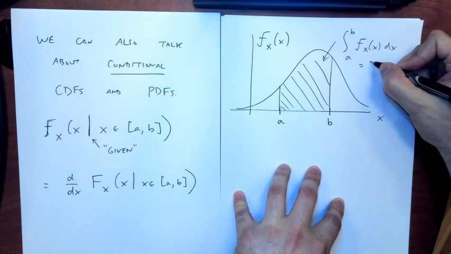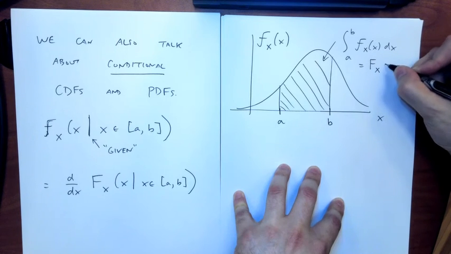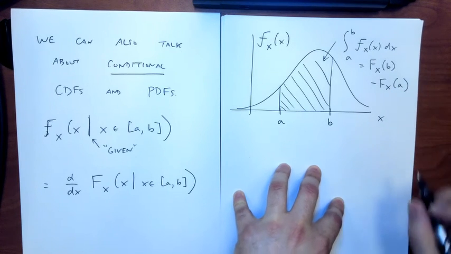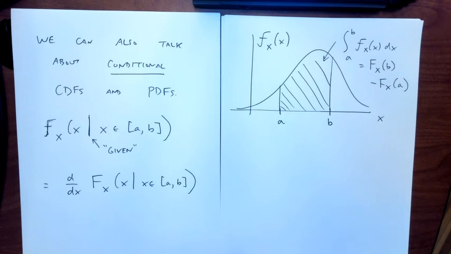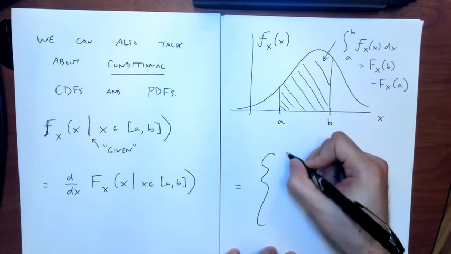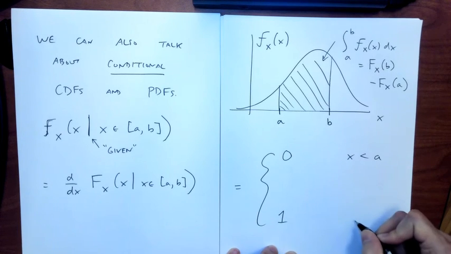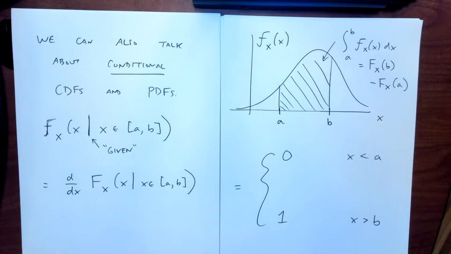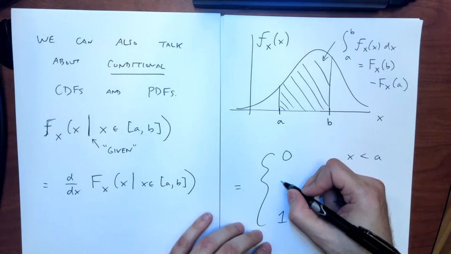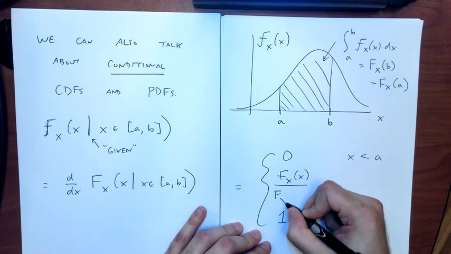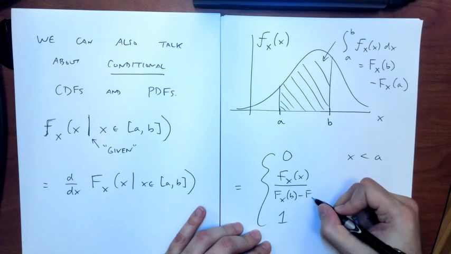Or a different way of thinking about it is it's the CDF evaluated at B minus the CDF evaluated at A, right? It's how much has accumulated between A and B. And so if I'm going to normalize this, the result should be basically 0 if x is less than A, and 1 if x is greater than B, because I've confined myself to that region. And in the middle, it should just be the normalized probability like this.